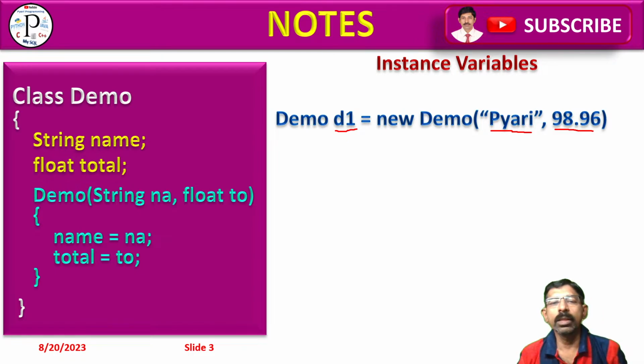Who can tell me why the error will occur? No doubt this is going to call a parameterized constructor, and I'm having a parameterized constructor over here. Even though I'm having a parameterized constructor available, it is going to generate an error message.